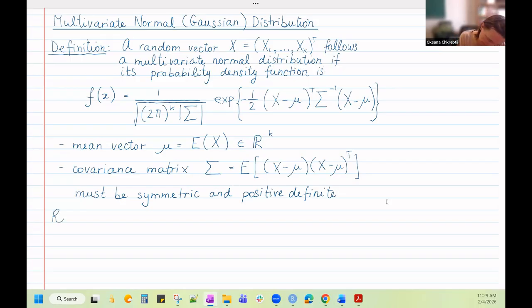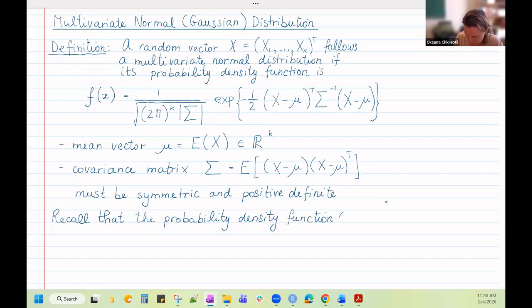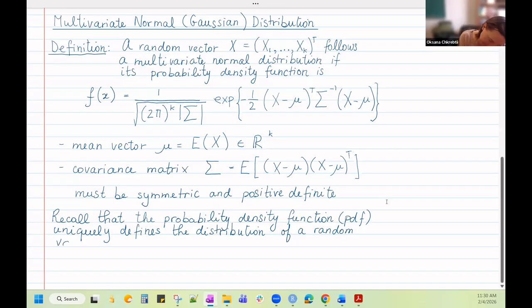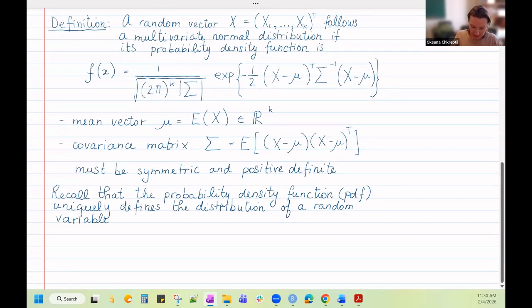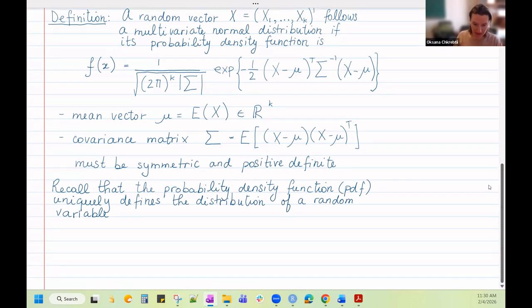So this is the definition of a multivariate normal random vector.